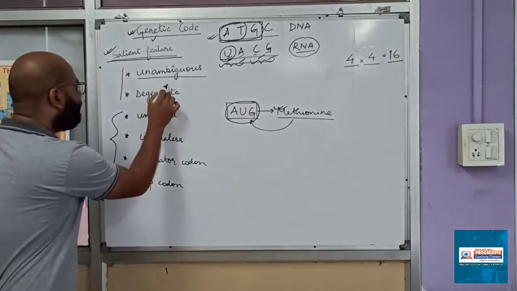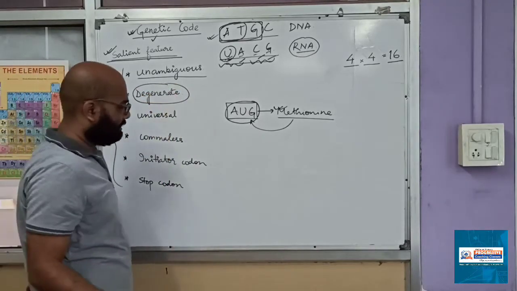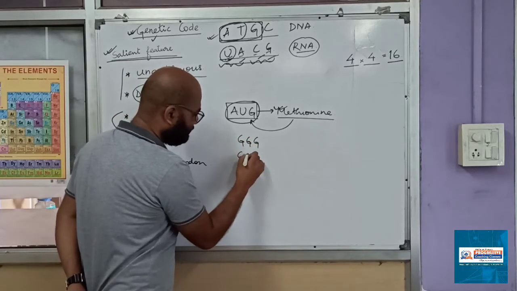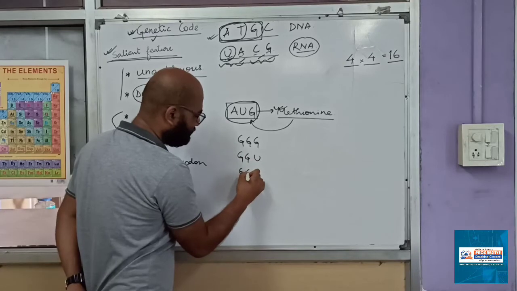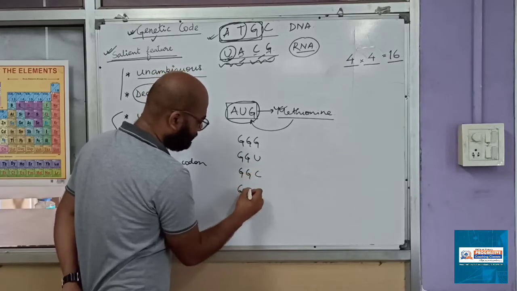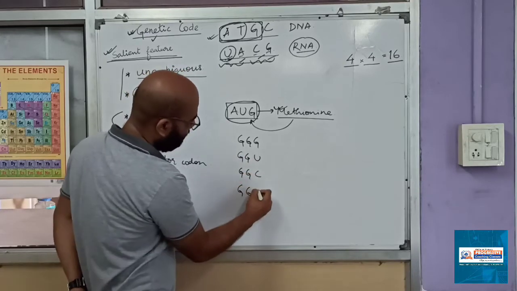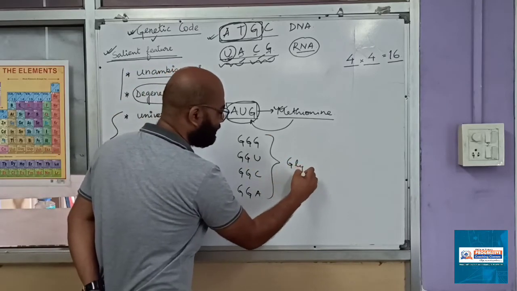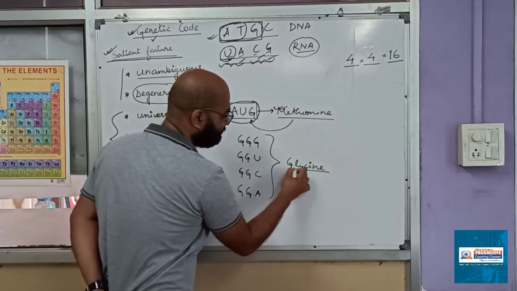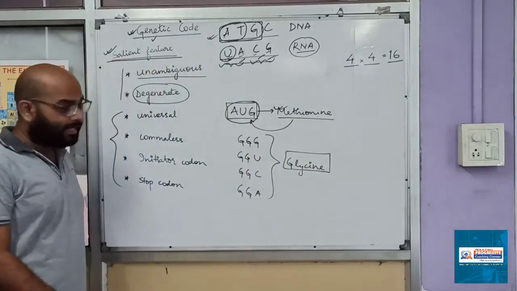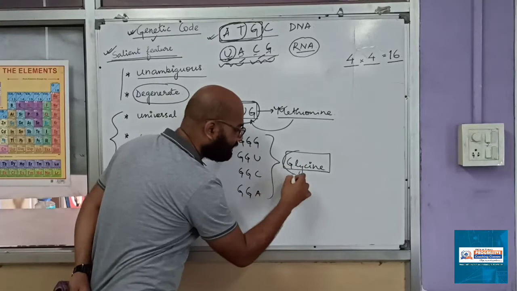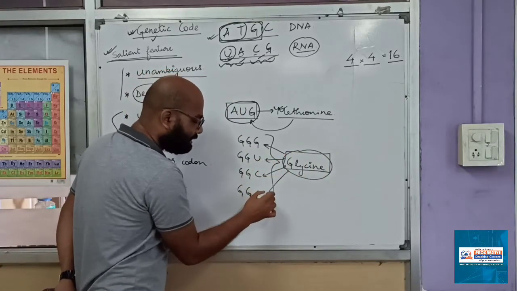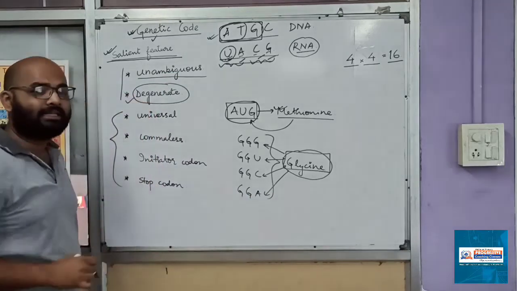Side by side, we are going to deal with degenerate. Suppose GGG, GGU, GGC, GGA. All these codons represent the amino acid glycine. Meaning that glycine can be represented by more than one codon. This feature is called degenerate.